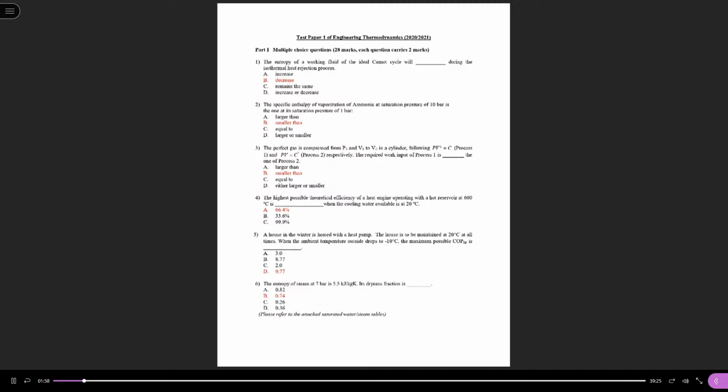According to the first law, which is energy conservation, energy cannot be created or destroyed. There is only energy transformation from one form to the other. In engineering thermodynamics, we are mainly interested in work and heat and their relationship.